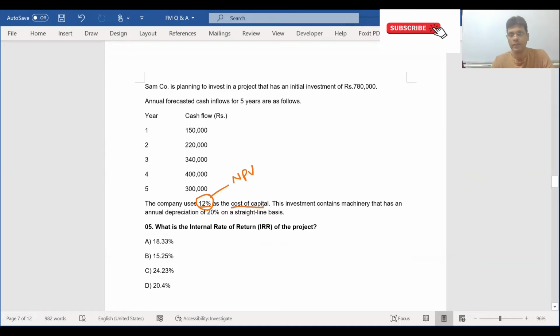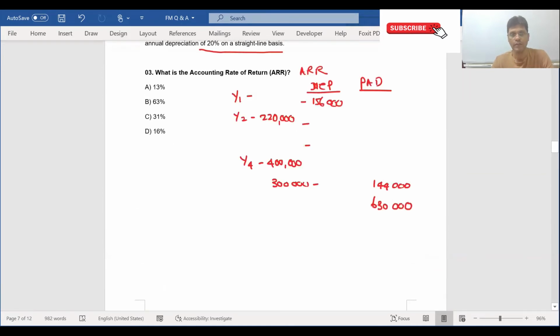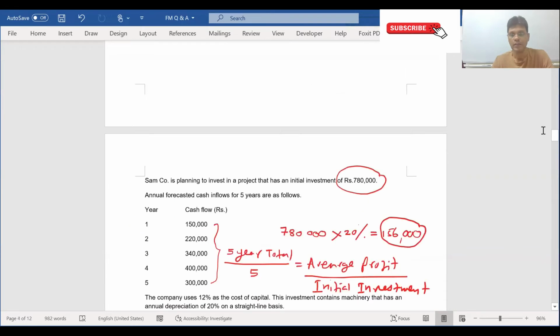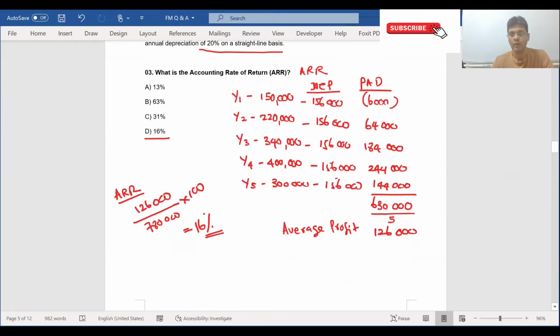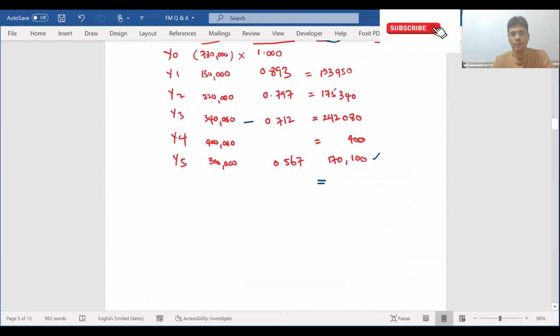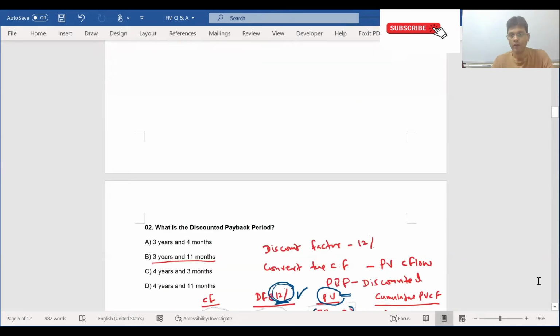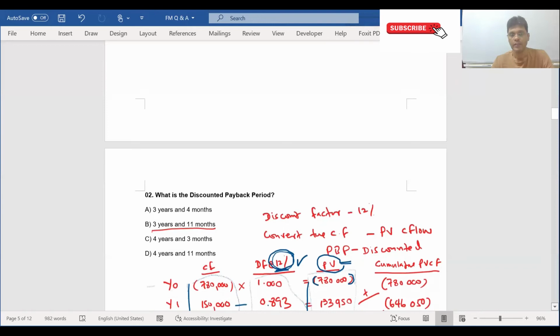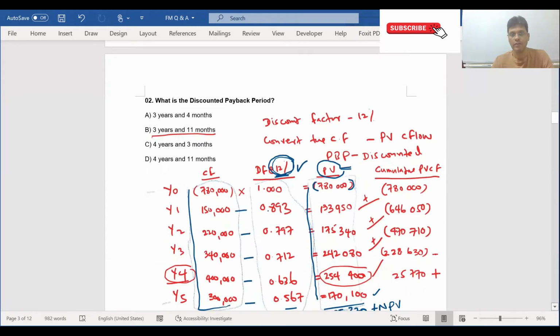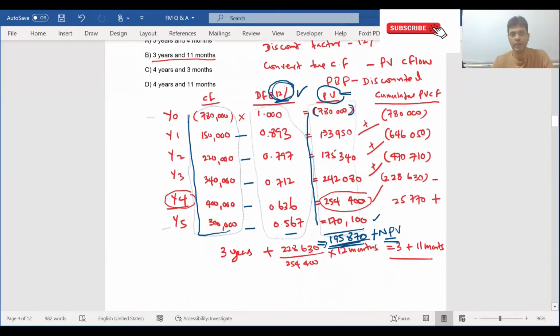So that we discussed under question number, I think 2. It was question number 2. There we calculated the discounted net present value, which was question number 4. So what did we do? We arrived at a net present value of 195,870.